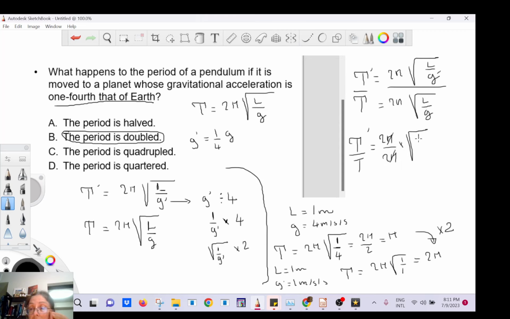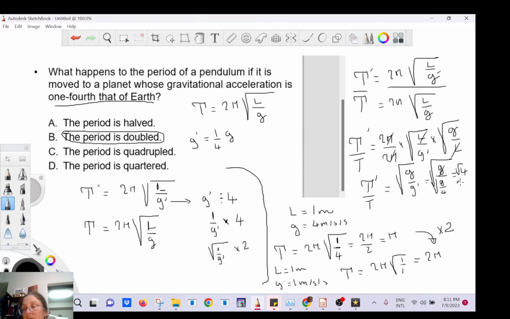And then you have L over G prime, and when you divide, you multiply by the reciprocal, so G over L, cross. So T prime over T equals, what is left, the square root of G over G prime. And G prime is 1/4. So it's going to be G over G over 4, so it's going to be square root of 4. So it's going to be 2. So T prime equals 2T.